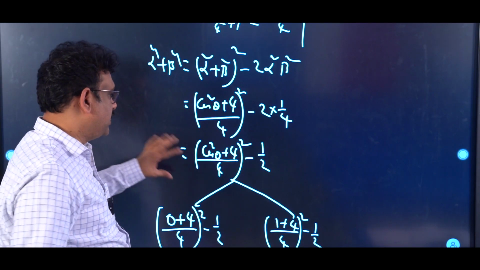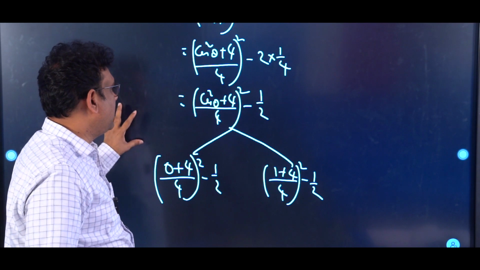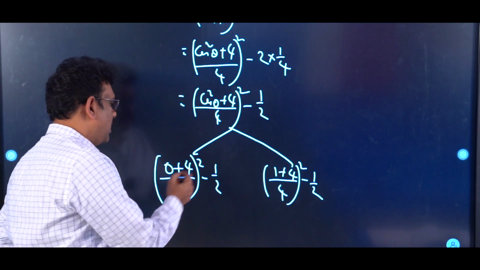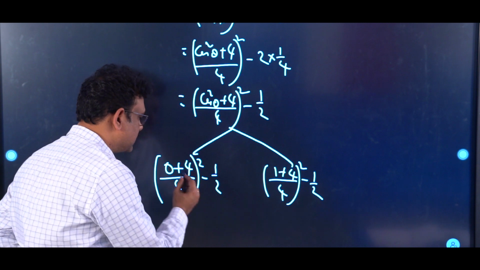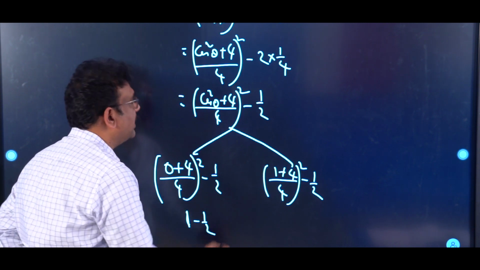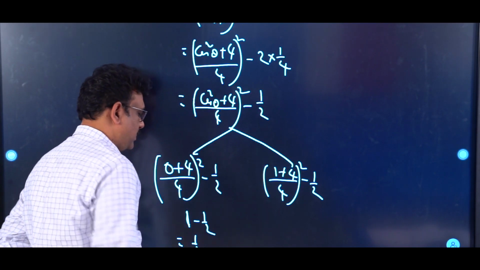So minimum value 0, maximum value 1. That is the minimum value of cos square theta 0, maximum value is 1. Now after simplification here we get 16 by 16, that is equal to 1 minus 1 by 2, that is equal to 1 by 2.